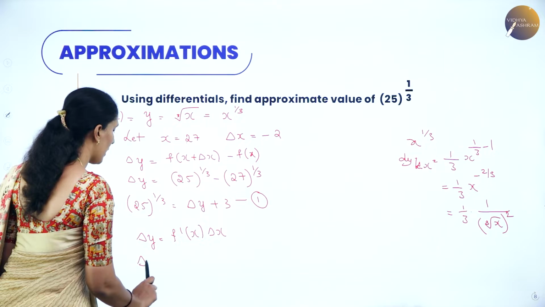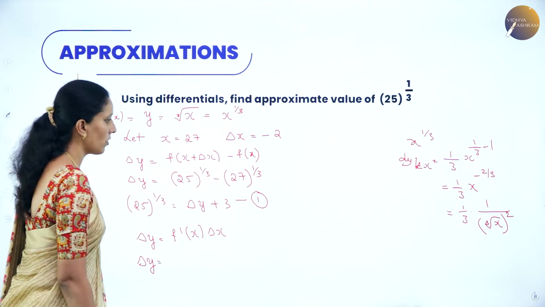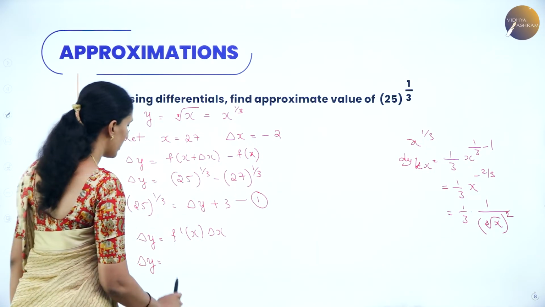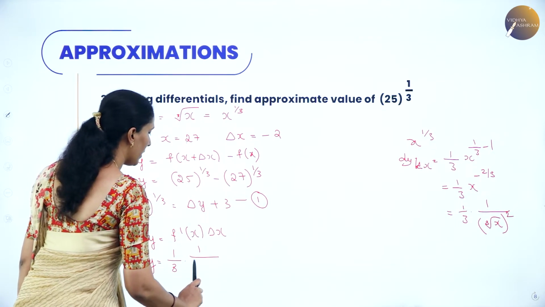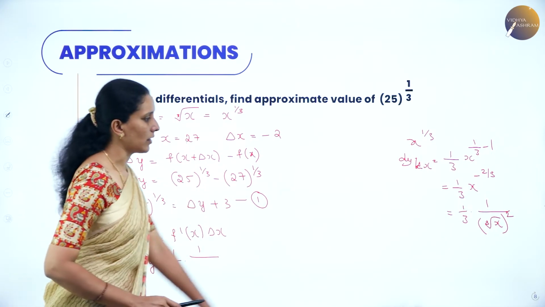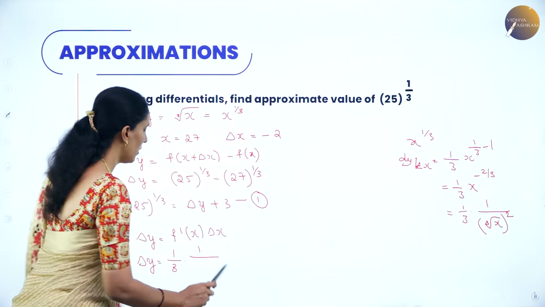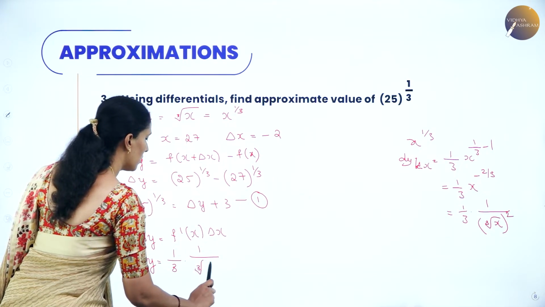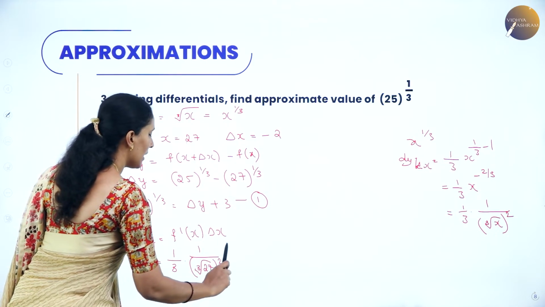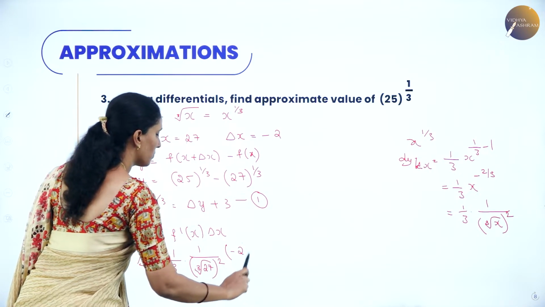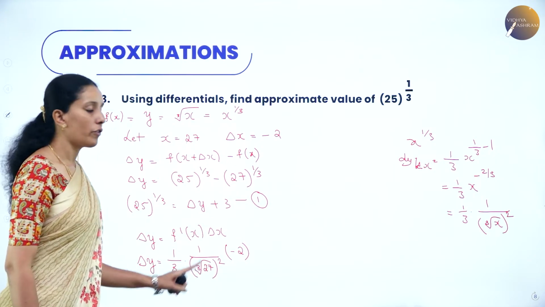So here we get delta y is equal to 1 by 3 into 1 divided by cube root of x whole square. Cube root of x is nothing but cube root of 27, and delta x is here minus 2. So what is the cube root of 27?